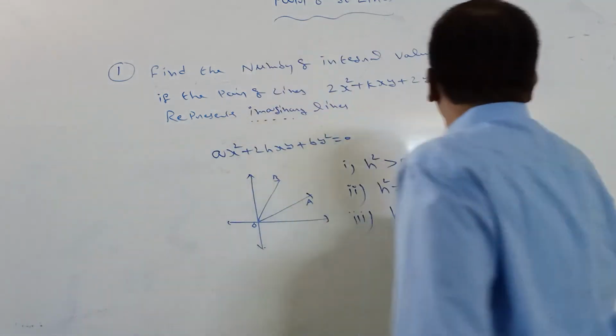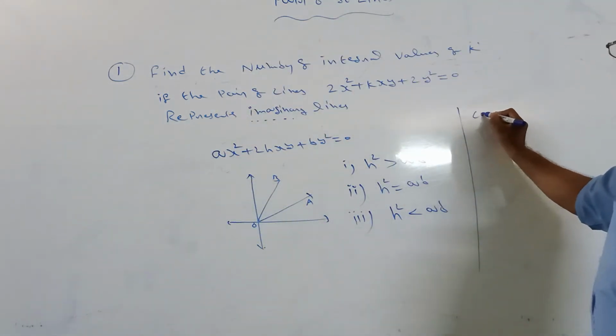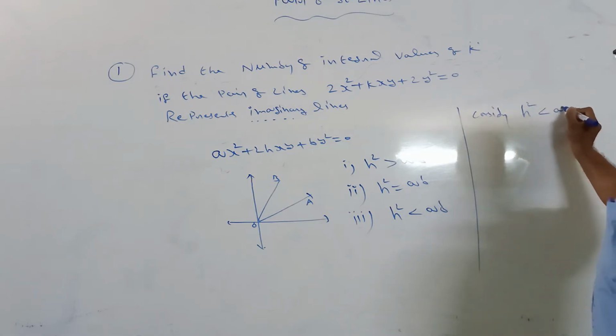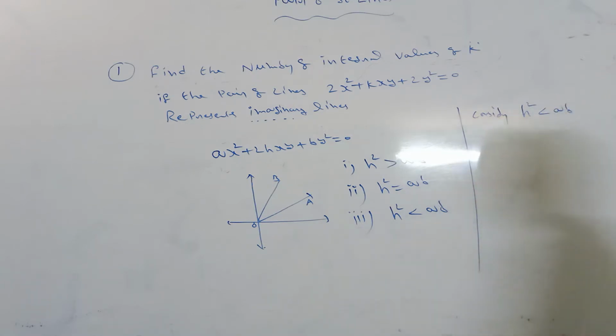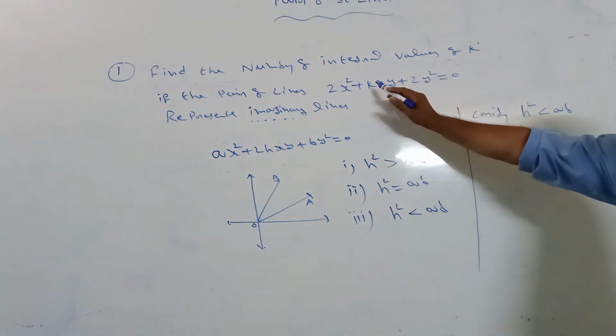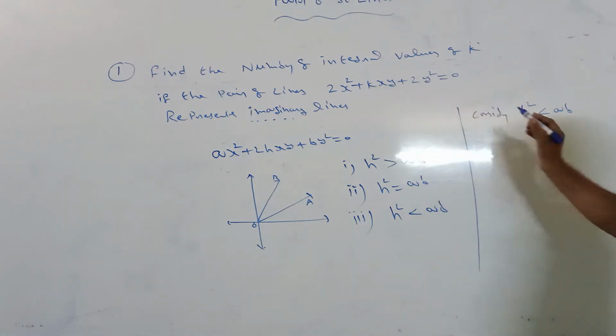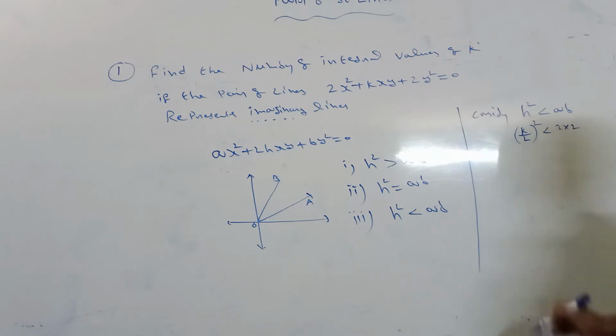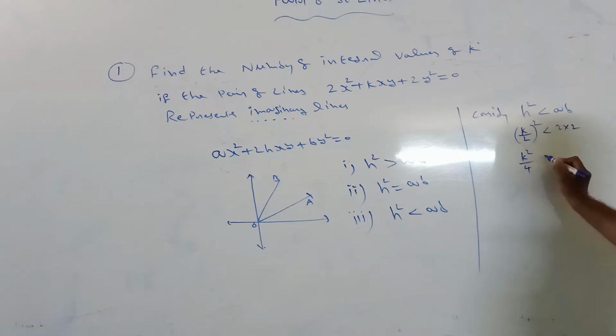So consider h square less than ab. Here 2h means k, so h means k by 2. K by 2 whole square less than a b, that is 2 into 2. So k square by 4 less than 4, k square less than 16.